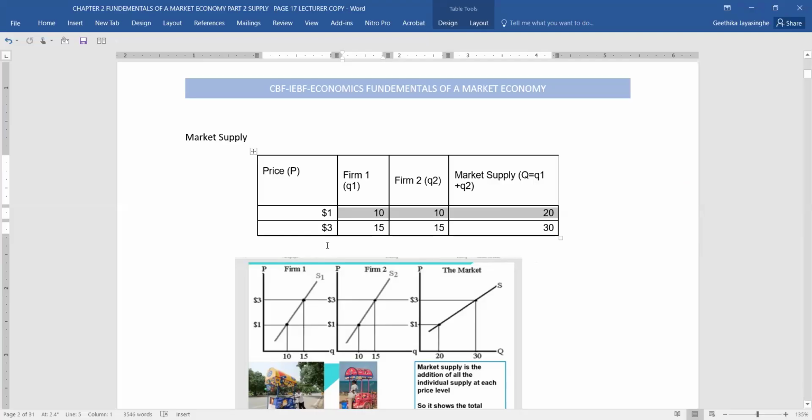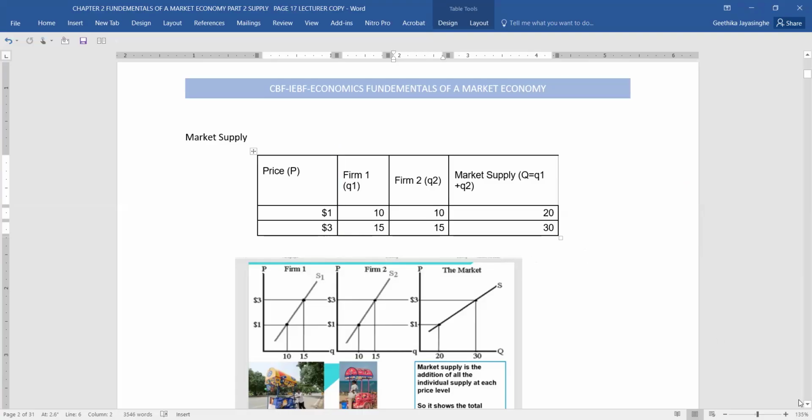At a price of 3, firm 1 produces 15 and firm 2 produces 15. At higher prices, you tend to produce more. Your market supply will be the sum of these two, that is 30.